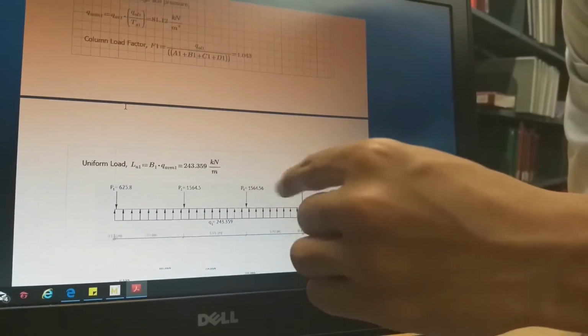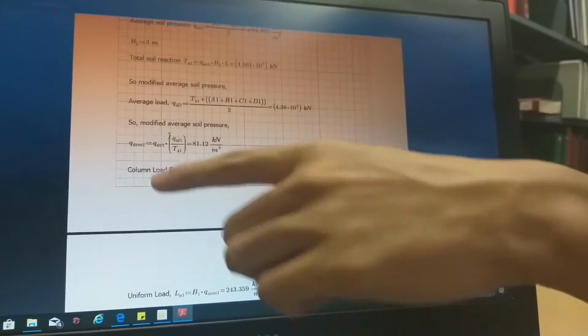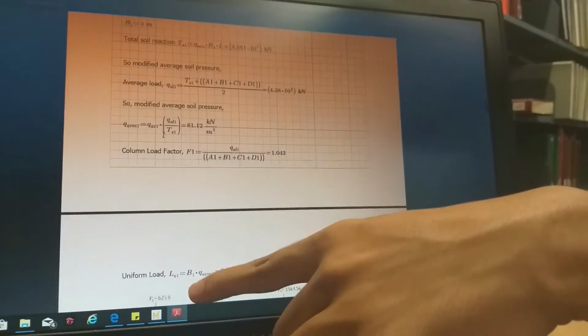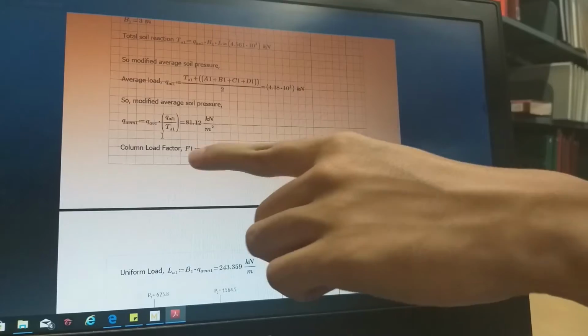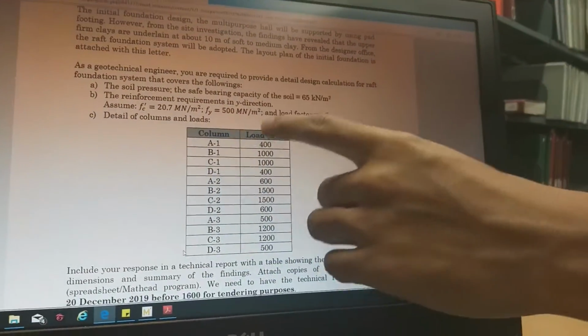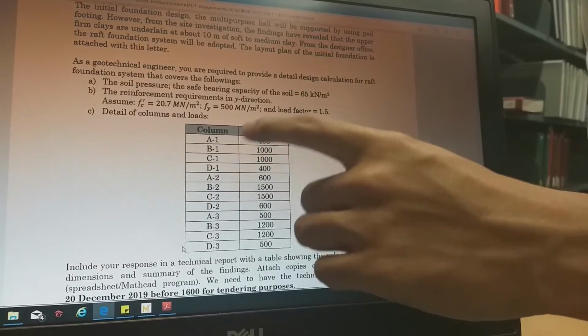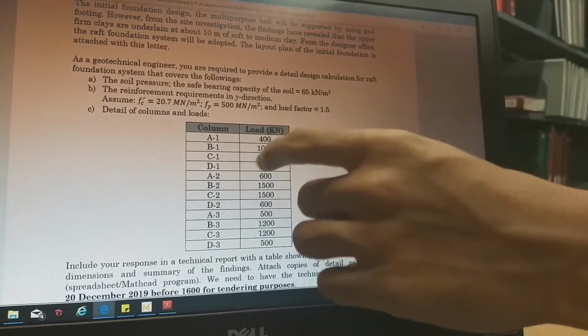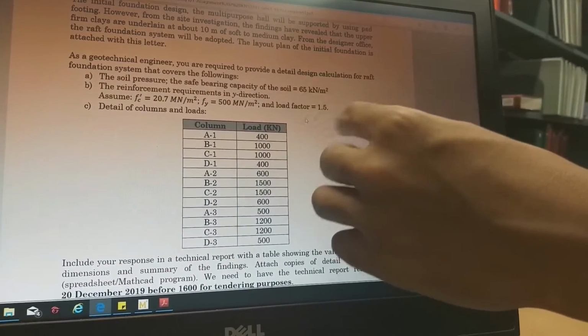So how do we get P1, P2, P3 and P4? First we use this load factor, and then we multiply with the given data for A1, B1, C1, D1, the loads given, which are already multiplied by the load factor 1.5.